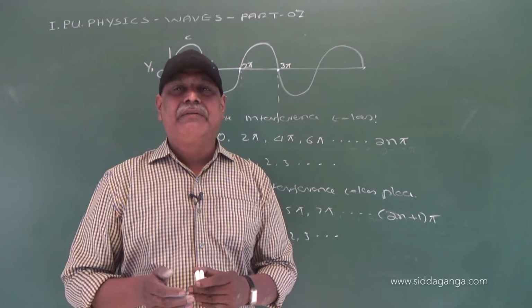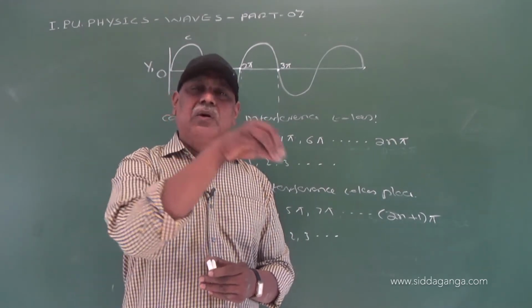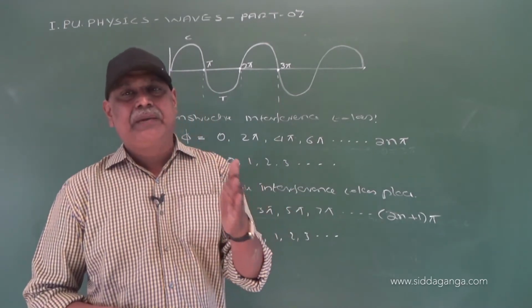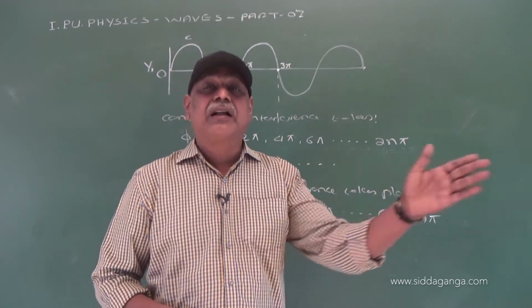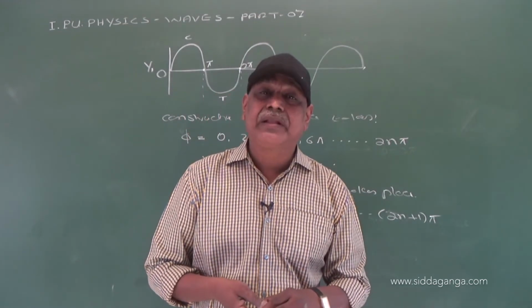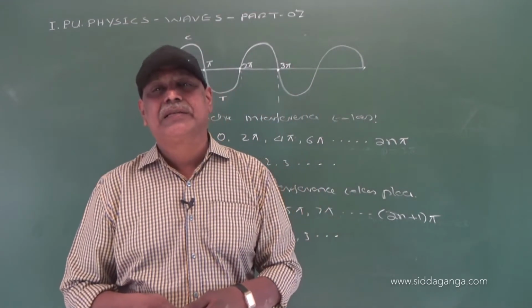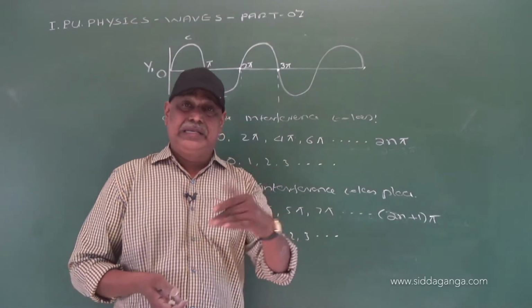At one moment we will hear a maximum sound, next moment no sound, third moment a maximum sound. So the maximum and minimum intensity sounds occur alternately with respect to time. This phenomenon is called beats. We will discuss beats when we are discussing sound.